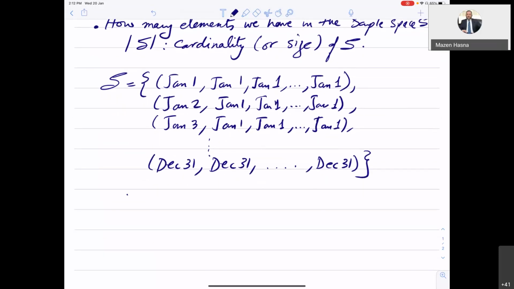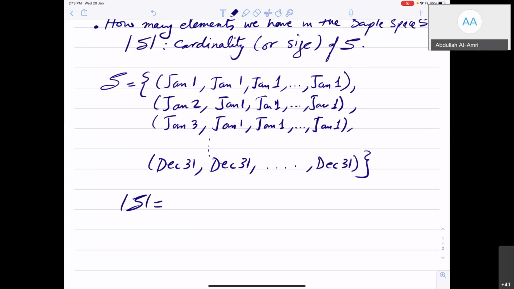Okay. So S, the size of S, yes. But I'm a bit confused. In order to calculate the possible combinations of their birthdays, you were changing the birthday of the first student, and the rest were constant.